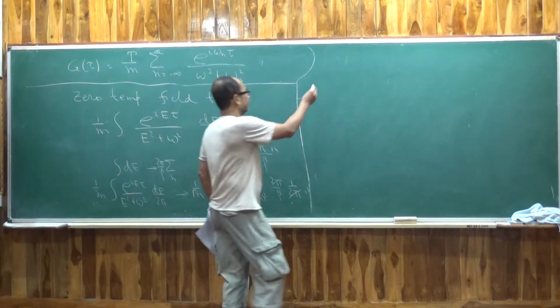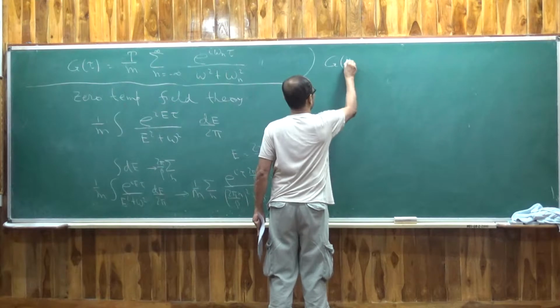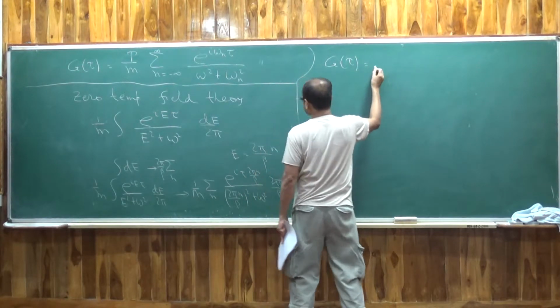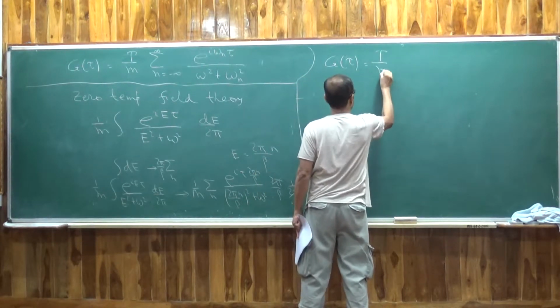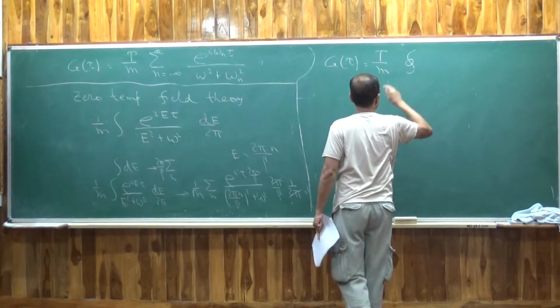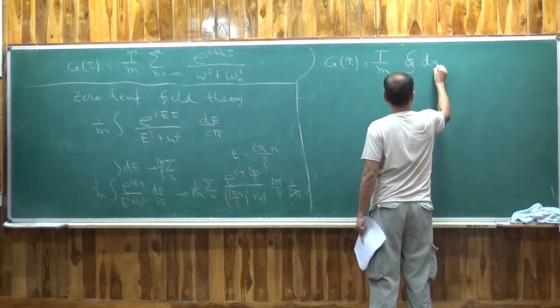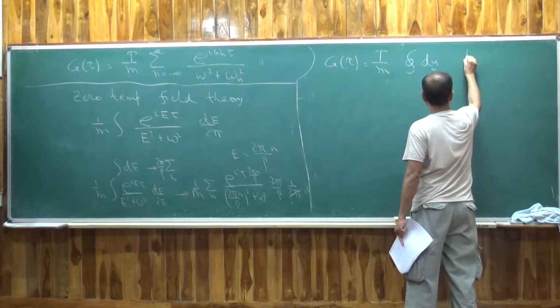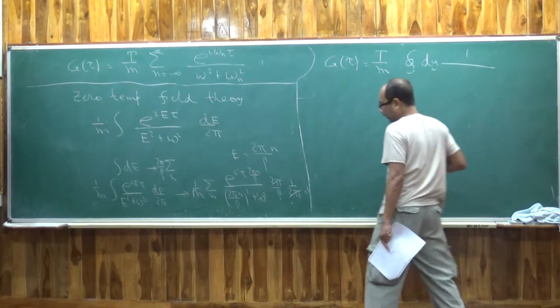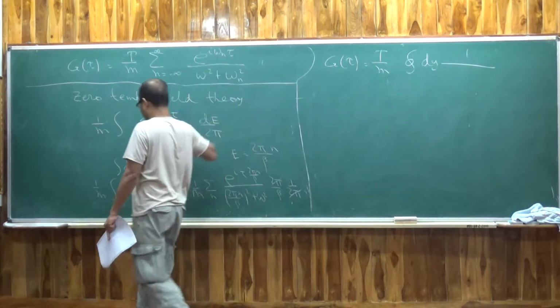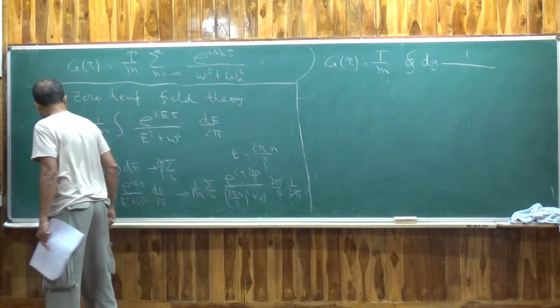So we write g of tau as a contour integral, dy. Now you have to introduce something which has poles exactly at omega_n.